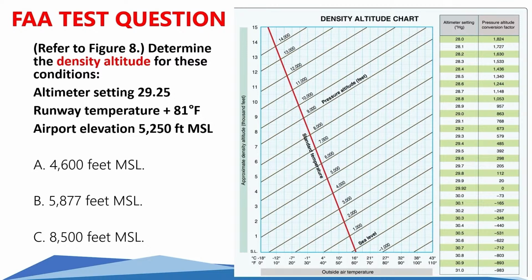You're going to use the chart on the right, the green and white chart, to figure out the pressure altitude conversion factor, the exact number. And then you're going to use that to figure out the pressure altitude, and then take that information to the density altitude chart that you see on the left-hand side of the screen.